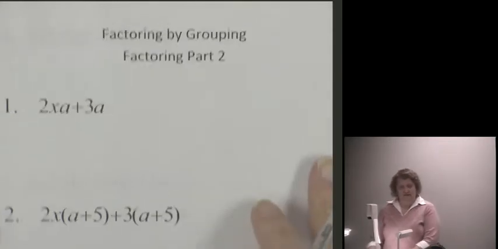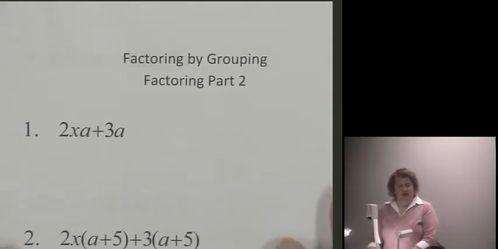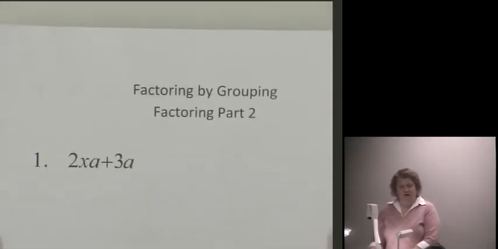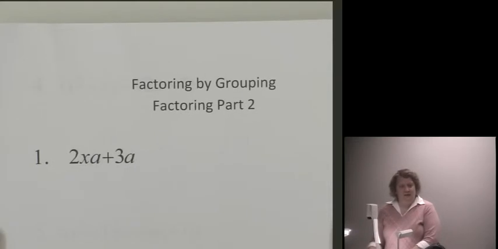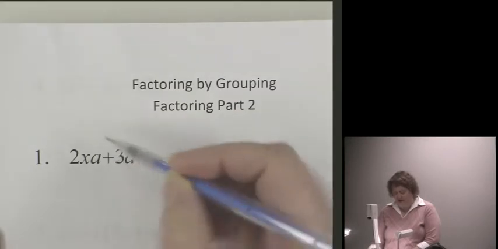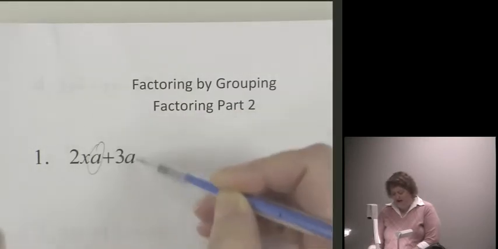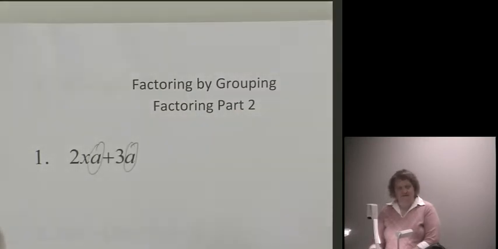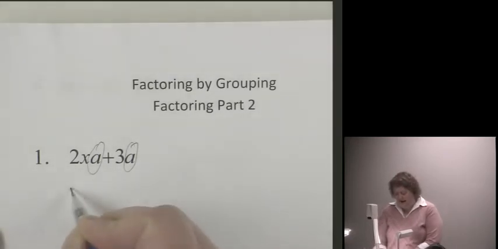As you see with this first problem, 2xa plus 3a, all we're going to do is take this common factor of a and factor it out, bringing it out front.